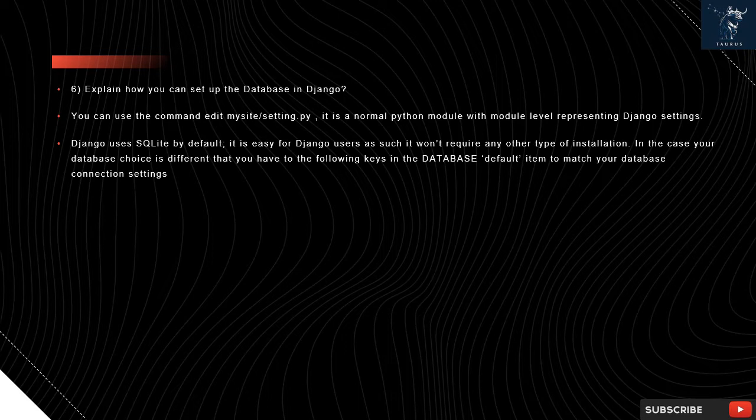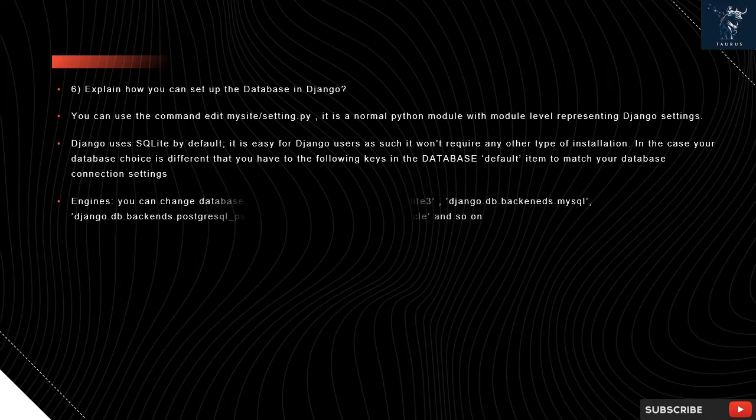6. Explain how you can set up the database in Django. You can use the command to edit mysite/settings.py. It is a normal Python module with module-level variables representing Django settings. Django uses SQLite by default. It is easy for Django users, as it won't require any other type of installation.